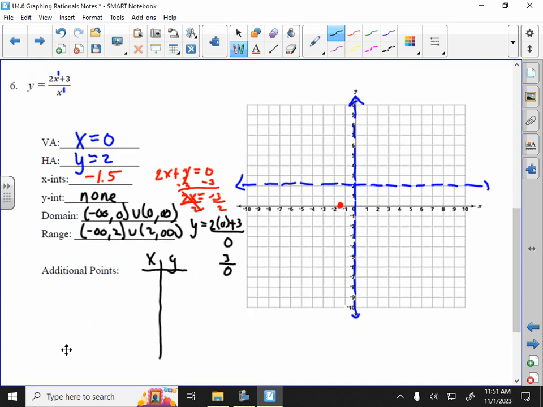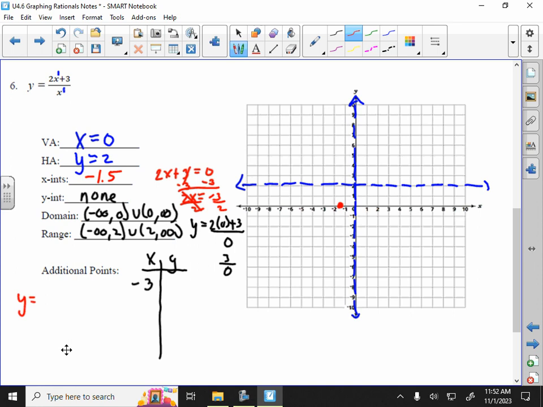All right, so we already have negative 1.5 used, so we need some other x value. So you could use negative 1, you could use negative 2, you could use negative 3, negative 4. It's up to you. Okay. So I'll use negative 3. So plugging negative 3 back in for both x's, then we just simplify. I'll do the work right here.